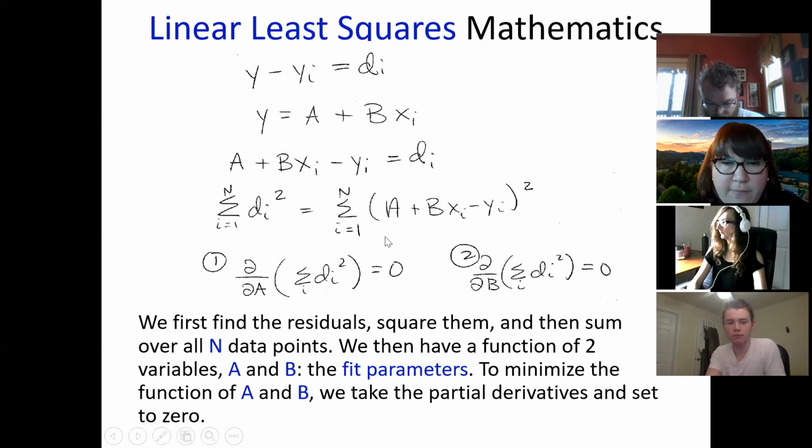So we have this thing as a function of a and as a function of b. And we want to find when that is the smallest. We want to take all those distances and find when the sum of all of them is the smallest.